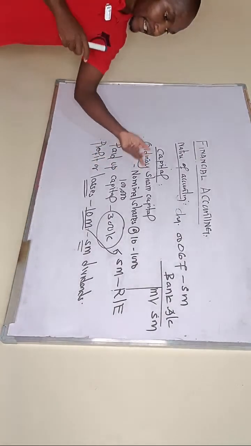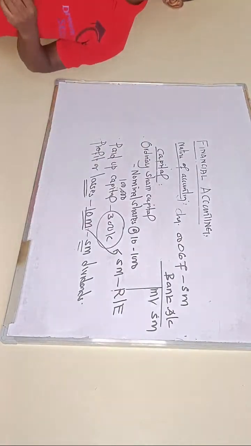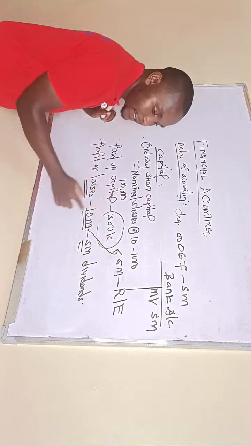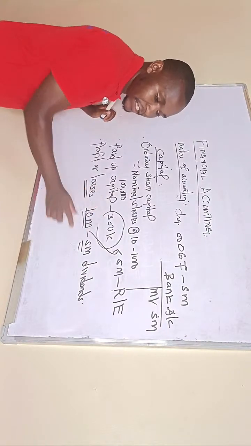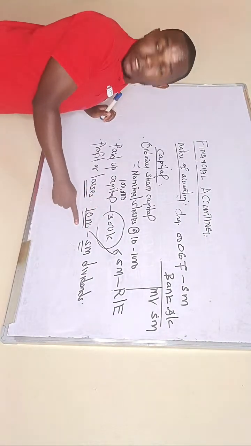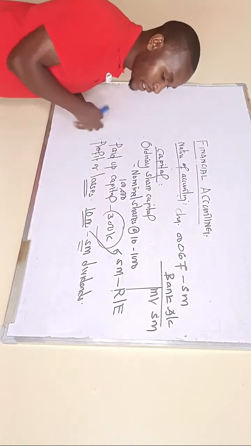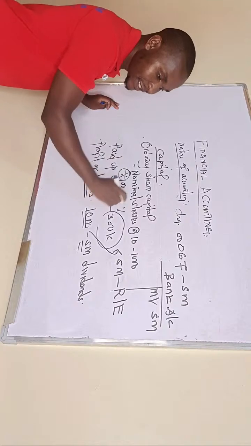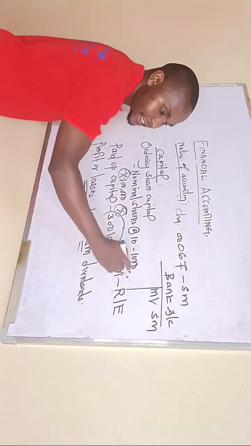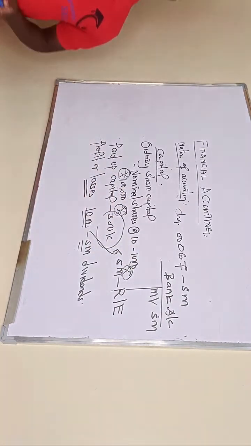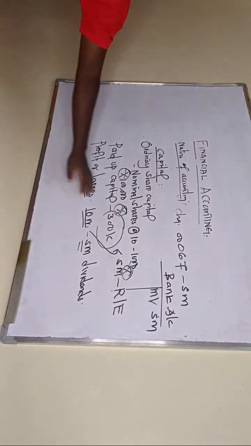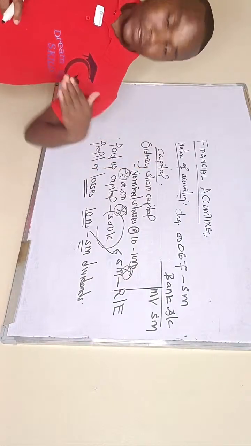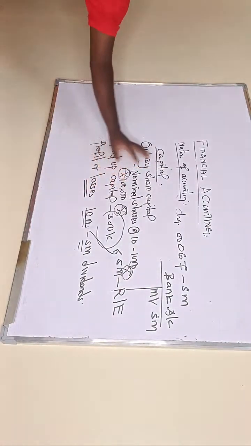It is the directors, because the directors are the ones who source the capital of the company. So this 10 million will reduce the amount we have invested in the company. That's why if it is a loss, we also call it retained losses. So it will affect the capital account.